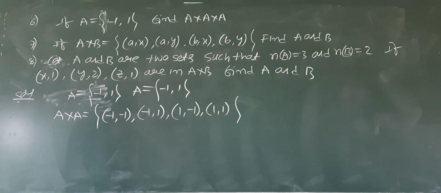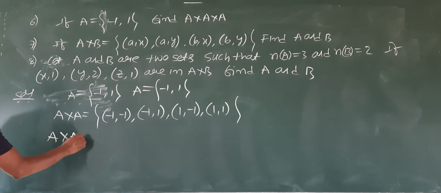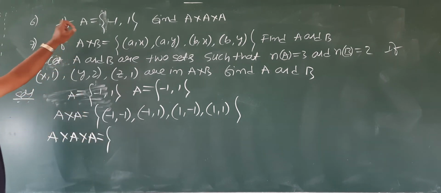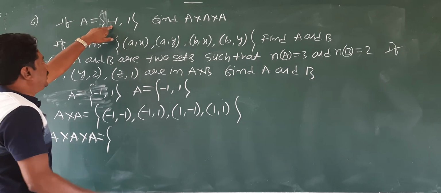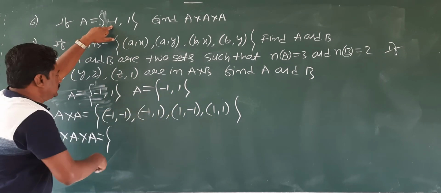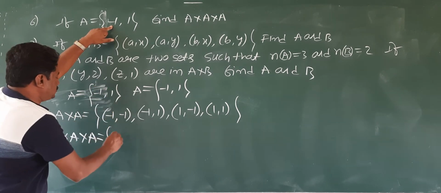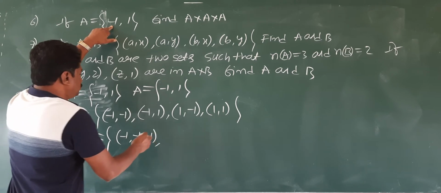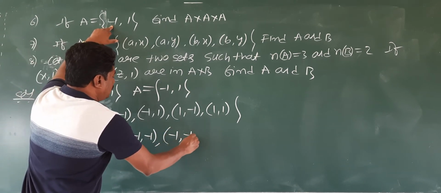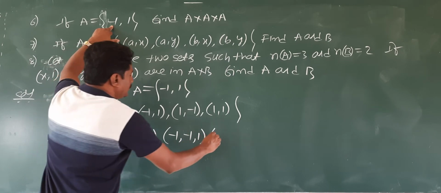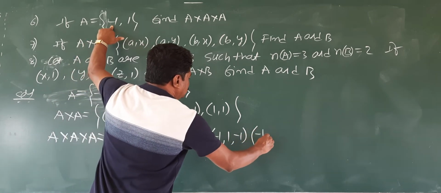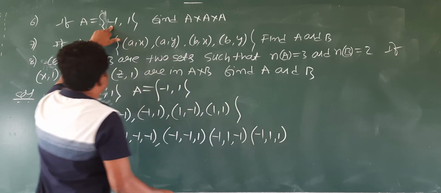Using this, let us find A cross A cross A. Again I take -1 and combine it with these ordered pairs. So I am going to get triplets. Tell me, students: (-1, -1, -1), next (-1, -1, 1), next (-1, 1, -1), (-1, 1, 1).